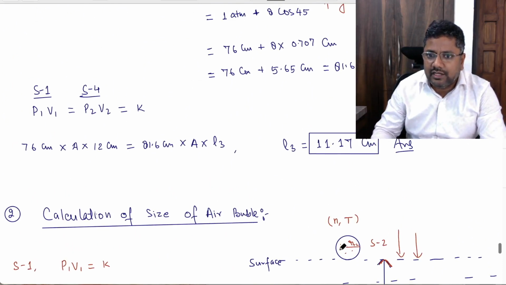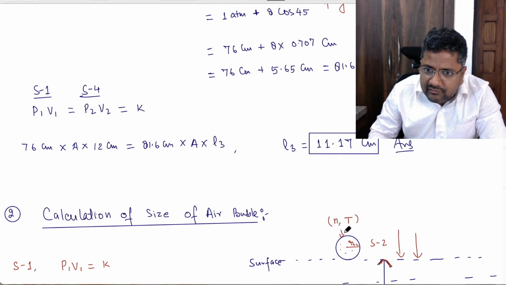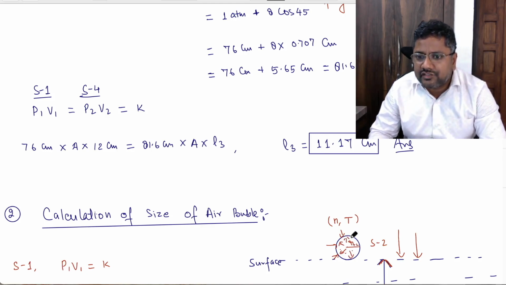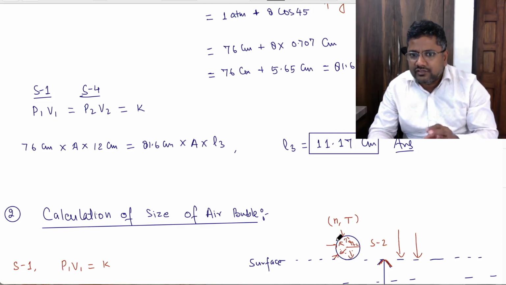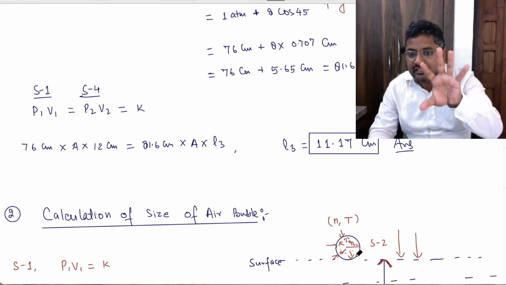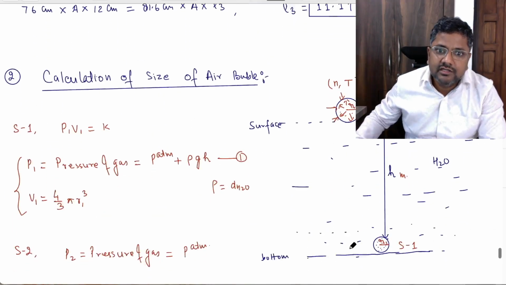So here only atmospheric pressure will work on this. Under equilibrium, the atmospheric pressure acting on this surface is countered by the gas molecules, and then the radius becomes stationary. Otherwise this radius will change continuously, right? So since the radius is fixed here, it means it is under equilibrium. So inside pressure is equal to the outside pressure, right?